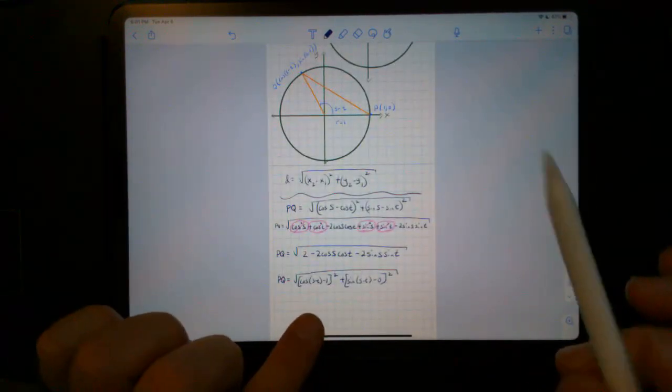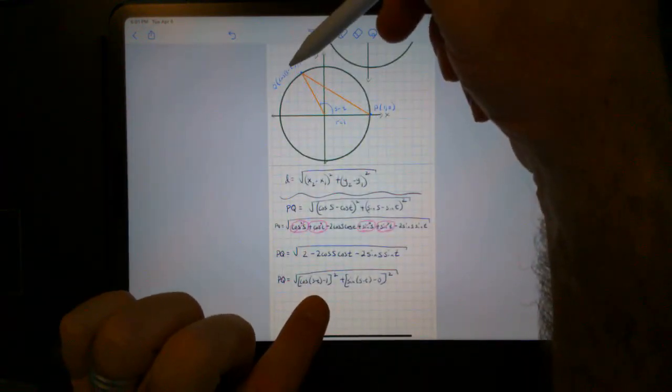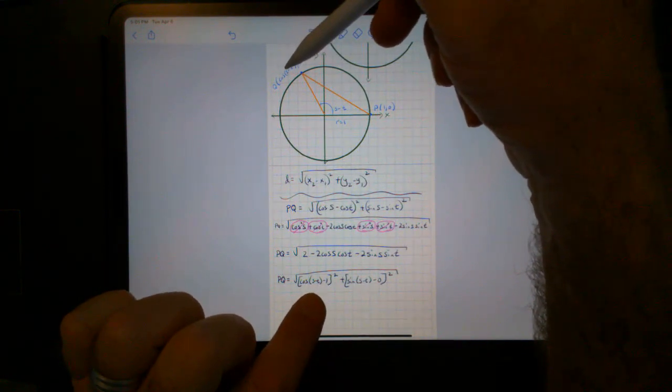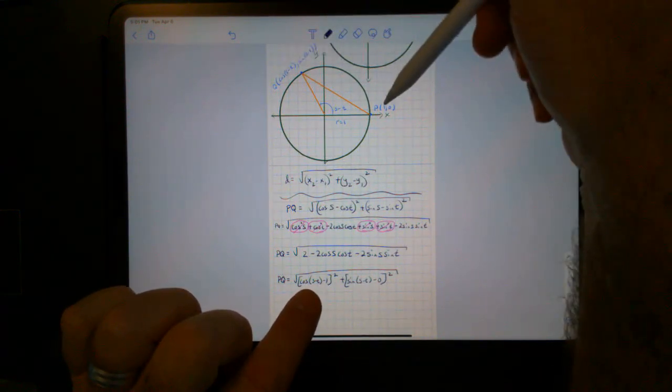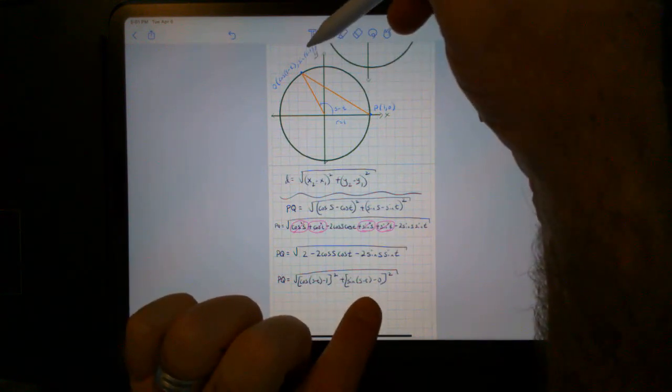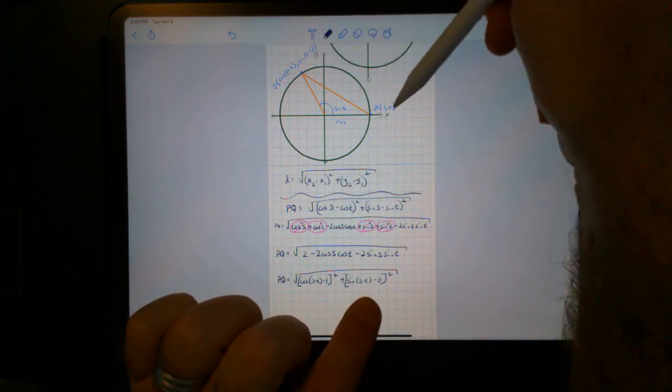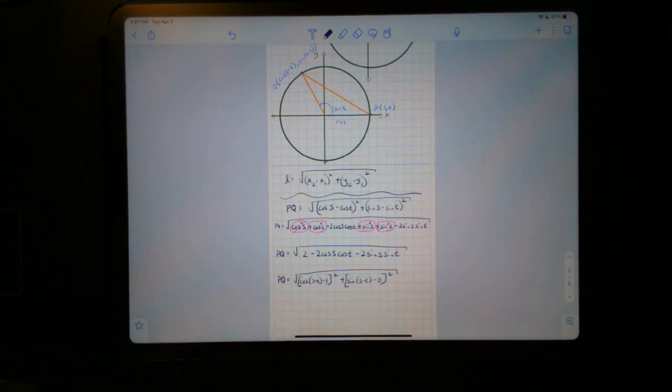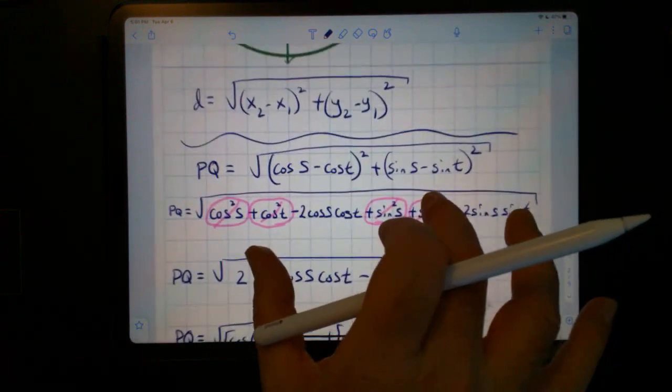Okay, so we have the first x value minus the second x value, all of that being squared, and then plus the first sine value minus the second sine value, all of that being squared, and the square root of all of that.